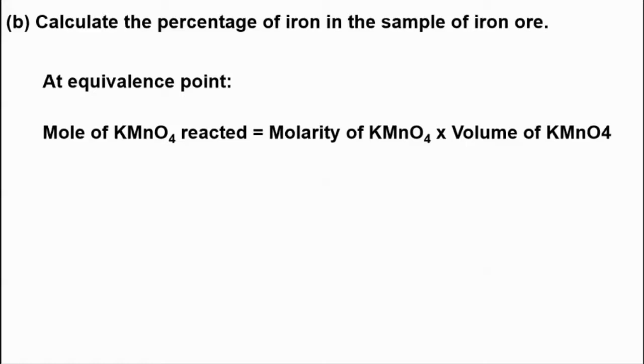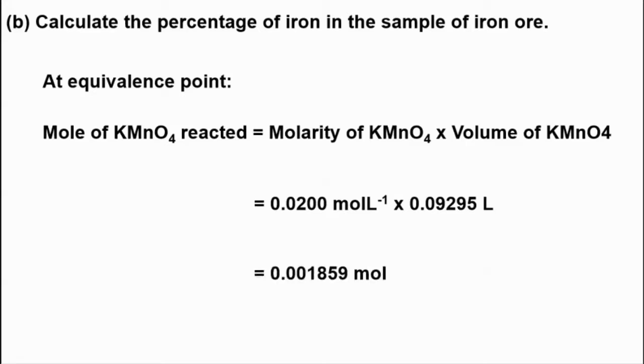If we substitute the values, 0.02 molar times 0.09295 liters, we are going to get 0.001859 moles. So this is the moles of potassium permanganate reacted.